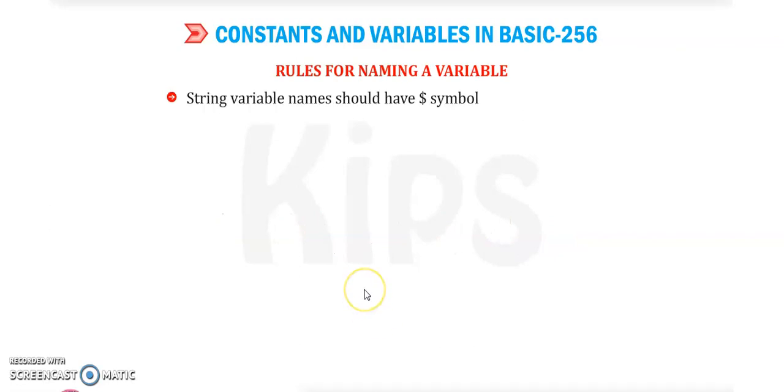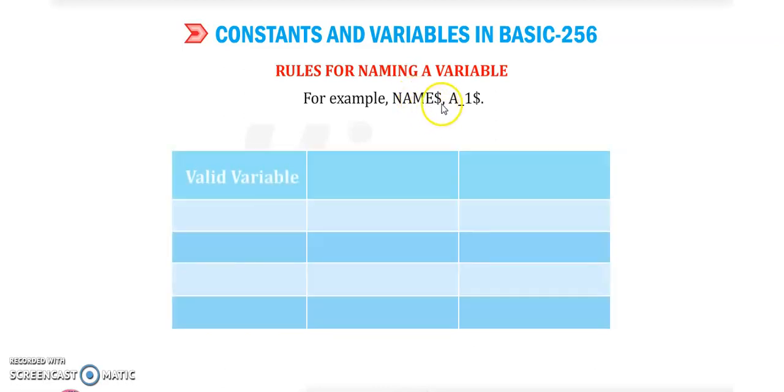String variable names should have a dollar symbol as the last character. After assigning the name of a string variable, we put the dollar sign at the end, like name$ and A_1$.